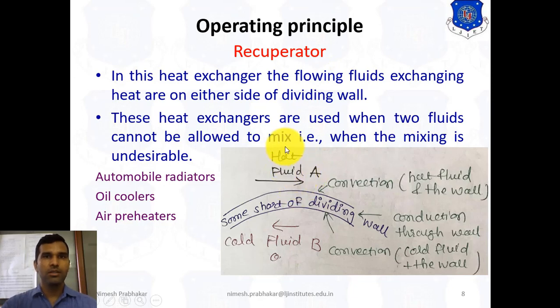That means mixing of the two fluids is not possible because we use a wall that divides them. One fluid flows in this and the second fluid flows in that. So mixing is not possible, and the heat energy is transferred through this wall. So this is the third type by operating principle.